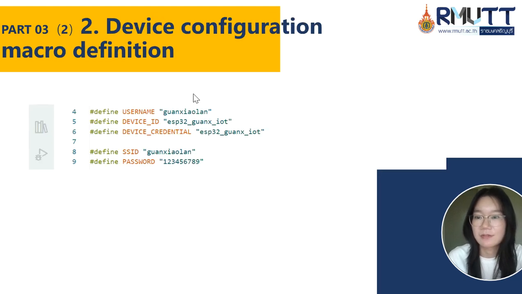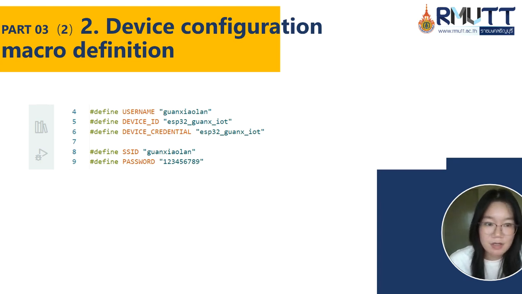And this is part 2, device configuration macro definition. Configuration information is managed centrally, and the network parameters are set through macro definitions, making maintenance and modification easier.